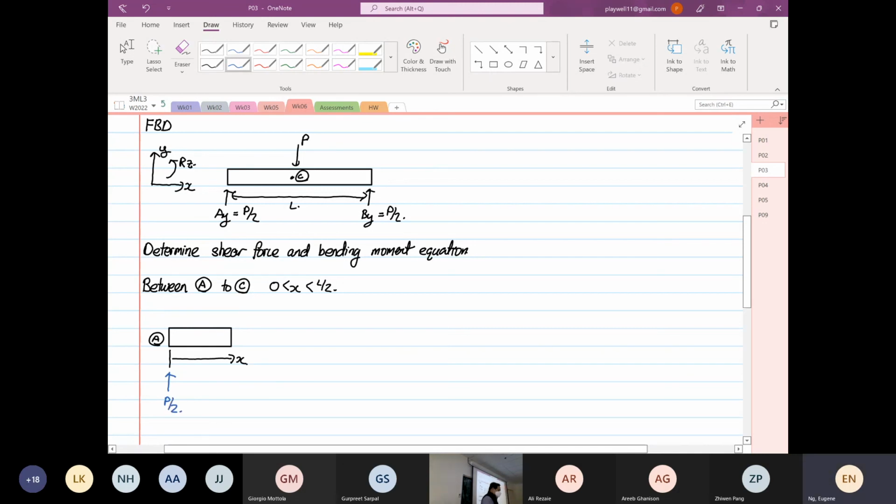Okay. And then we're going to assume that the shear force over here is coming down, V as a function of x, and the moment as a function of x over here. Now, why this direction? Because our analysis is carried out from left to right.